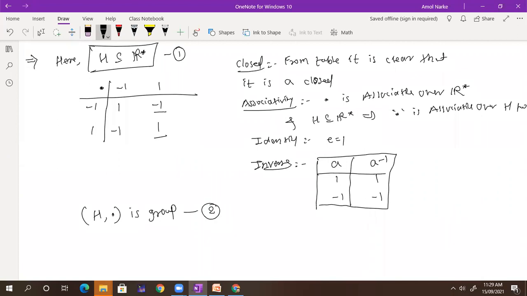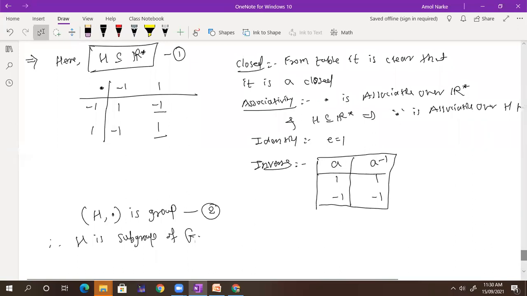So it is a group. Therefore H is a subgroup. Clear? Yes or no? Yes, sir.